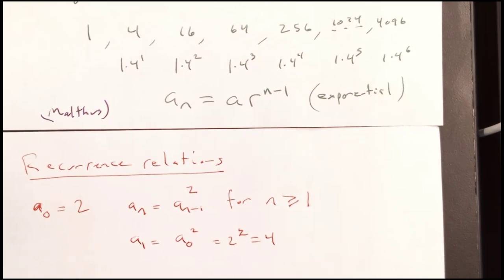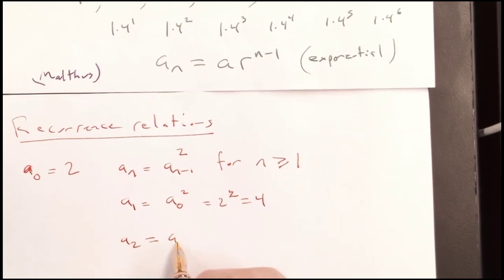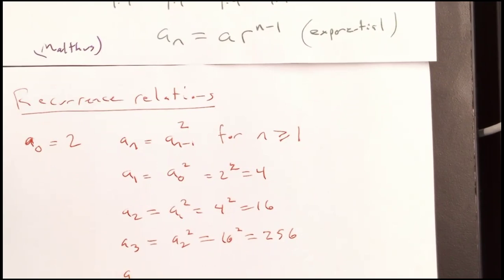What's A2? Because it's A1 squared. A3 is A2 squared. 16 squared is 256. A4 is A3 squared. So what's 256 squared? You own calculators, people.